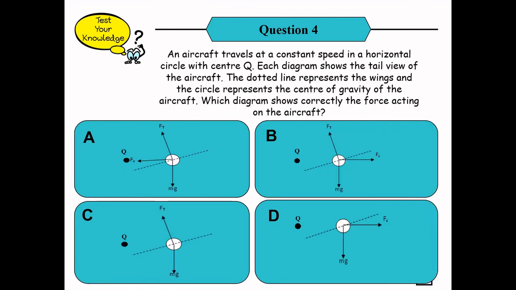Question 4. An aircraft travels at a constant speed in a horizontal circle with center Q. Each diagram shows the tail view of the aircraft. The dotted line represents the wings and the circle represents the center of gravity of the aircraft. Which diagram correctly shows the forces acting on the aircraft?